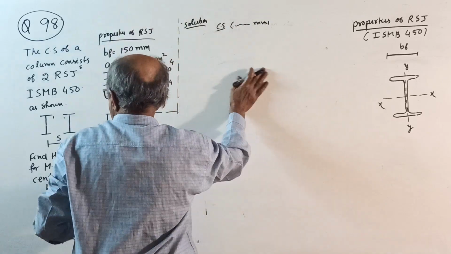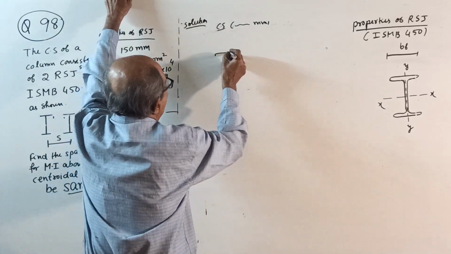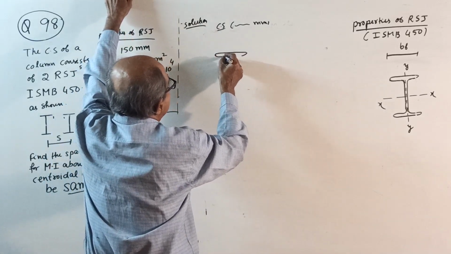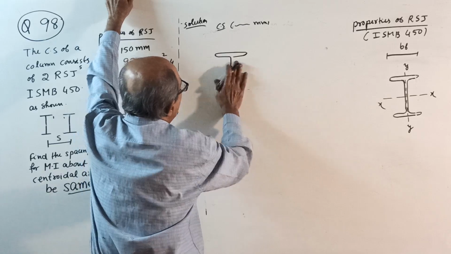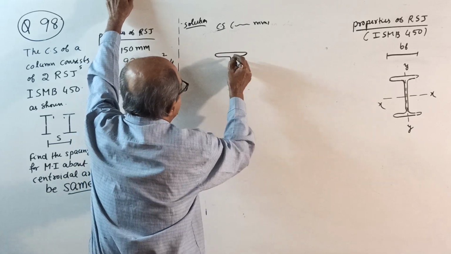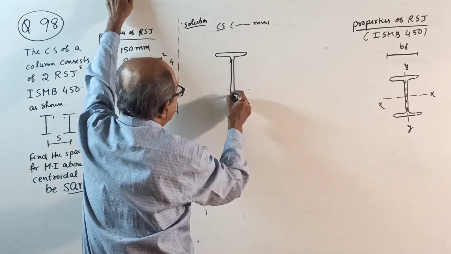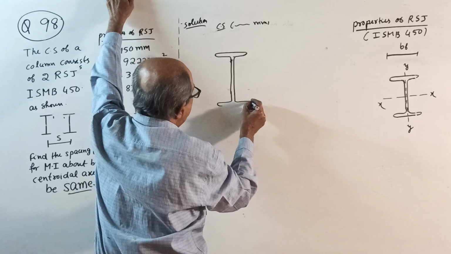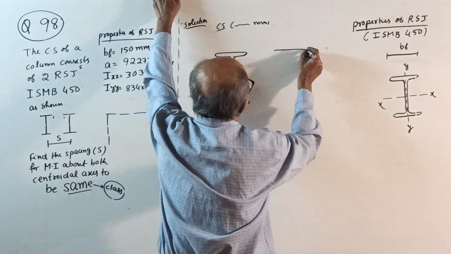I will draw a rough sketch. I won't waste too much time, as neat as possible. Those who want can draw neatly later. One I section here, then somewhere here, another I section of the same width.